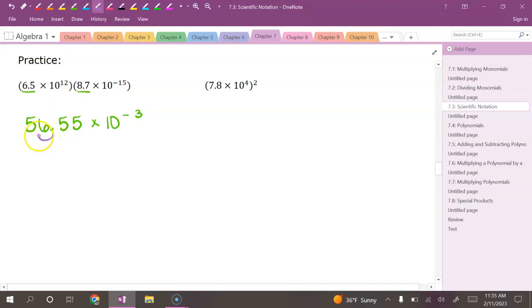So I had to move this 1 to the left, which means I needed to add 1 to that negative 3 up there. And so my answer was 5.655 times 10 to the negative 2 power. And if you also wrote it in standard form, it would be 0.05655.